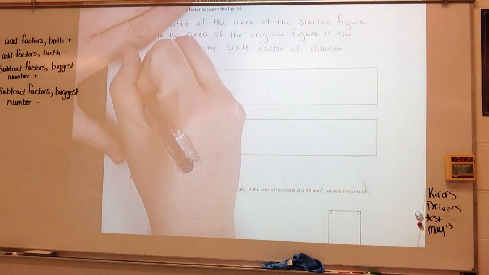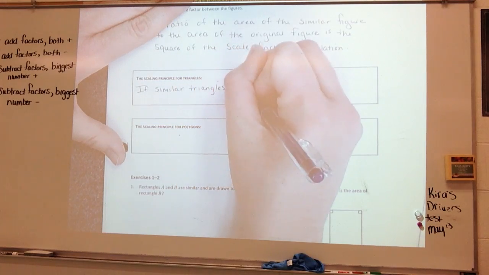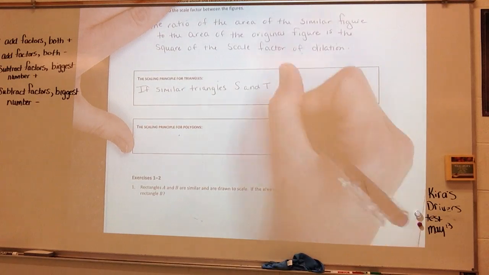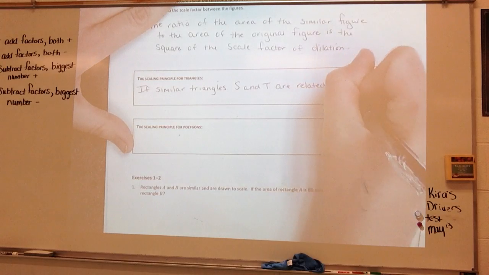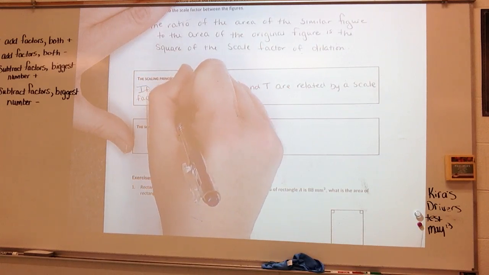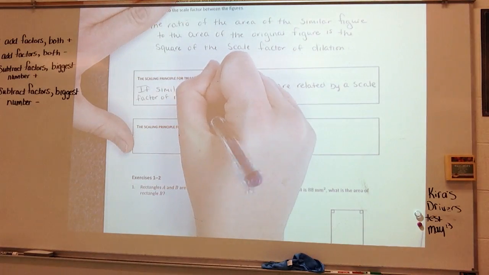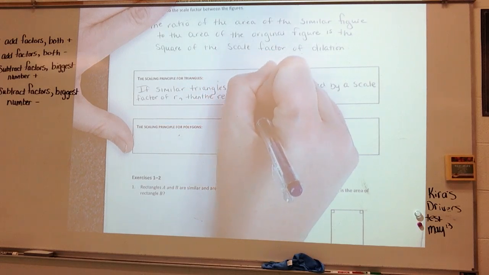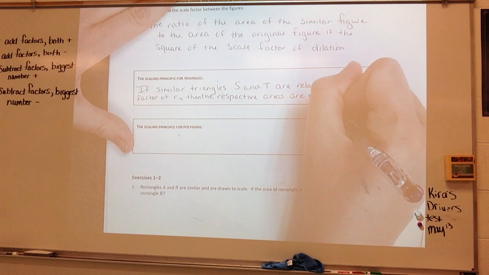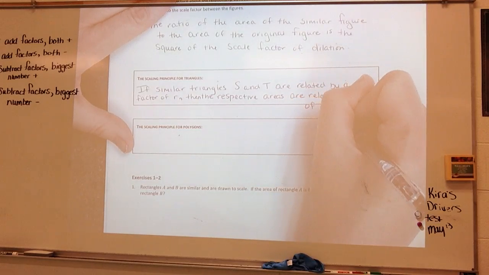If similar triangles, and we'll just say S and T, are related by a scale factor of R, then the respective areas are related by a factor of R squared.